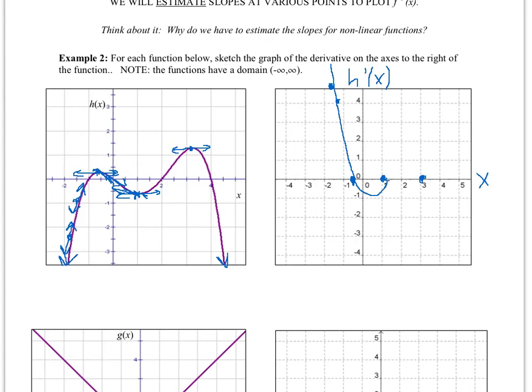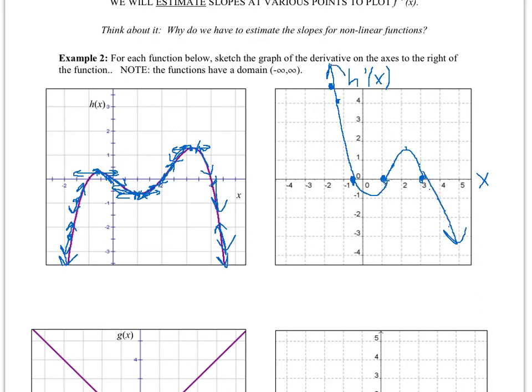And then in between x equals 1 and x equals 3, it's a positive slope that becomes more positive and then becomes less positive. So a little bit more, less. And then you'll notice after that it's negative but becoming more and more negative. So a little bit negative becoming more and more negative.